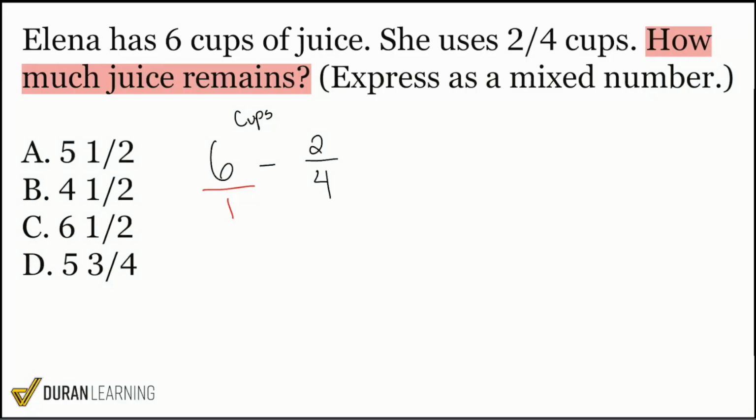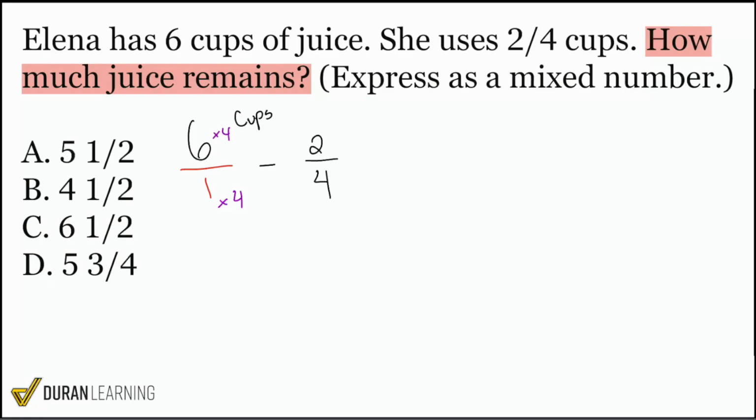I'm just showing that this can be a fraction, and now I see that I'm subtracting, but I need the same denominator. What number could I multiply this 1 by to get the same denominator? Doesn't that make it easy? Having the whole number over 1, just multiply by the other denominator, and you are good.